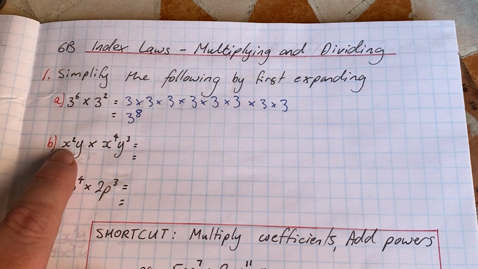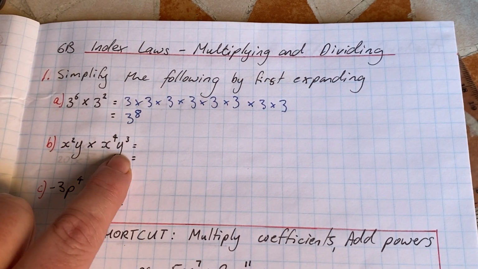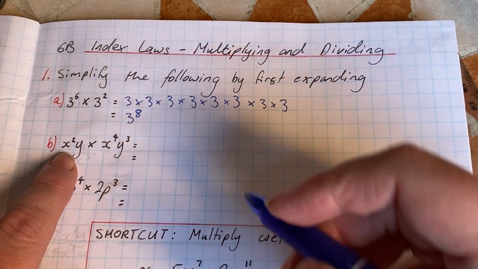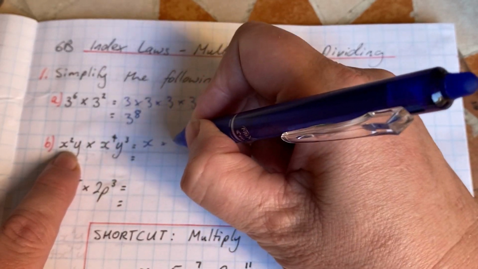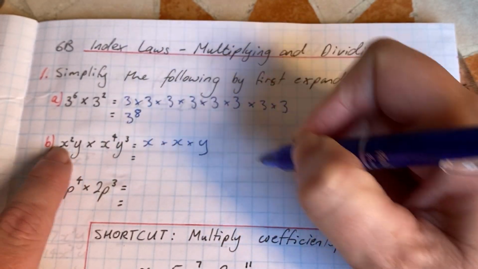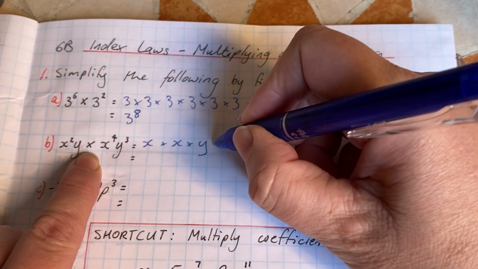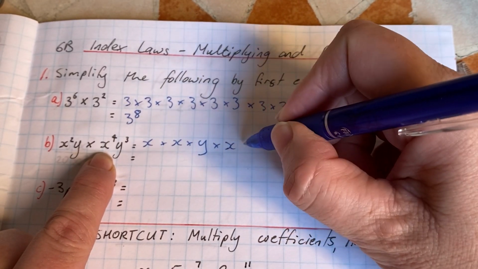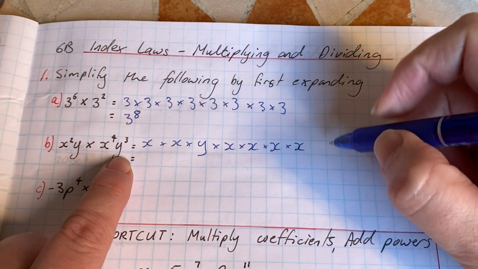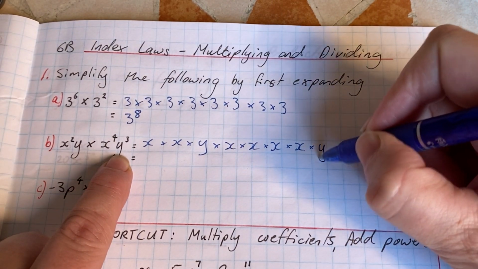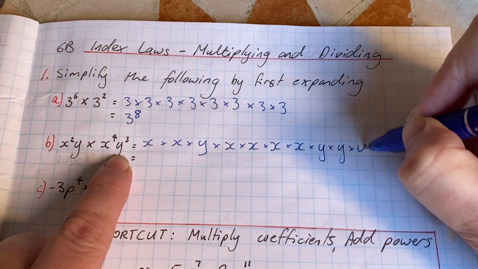Here's another example, x squared y times x to the 4 y cubed. So let's first expand like it said. So x times x is the first one, multiplied by x to the 4, so 1, 2, 3, 4, times by y cubed, y times y times y.